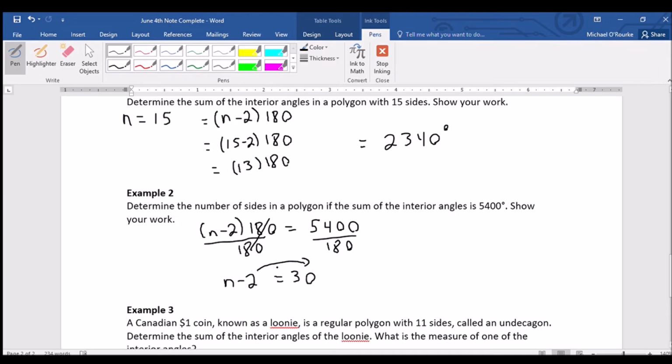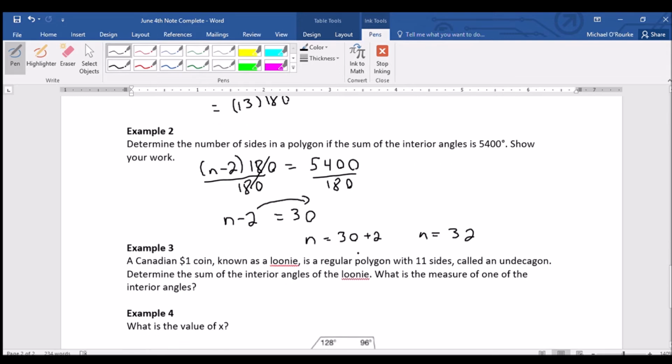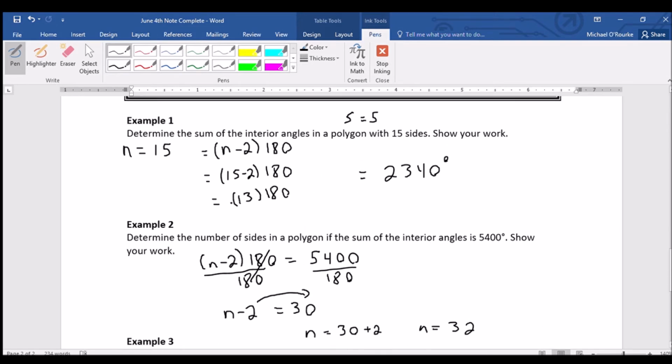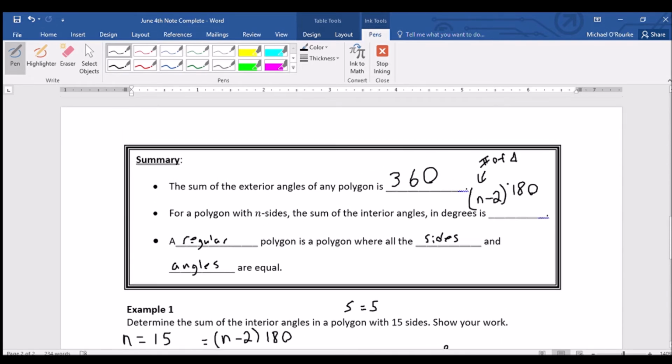It's a negative 2 on this side, so it's going to become a plus 2. So n equals 32. So that would tell us there's 30 triangles in that shape. And then we just add the 2 that we always need to add. So that's how you kind of go backwards there, all working from our formula right here.